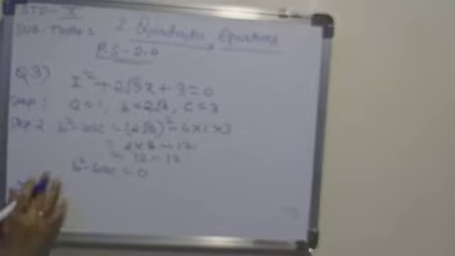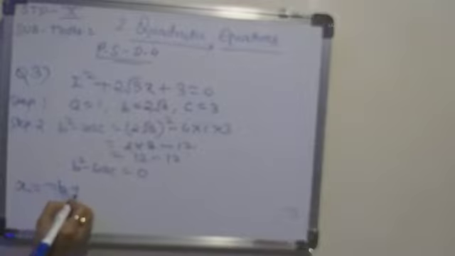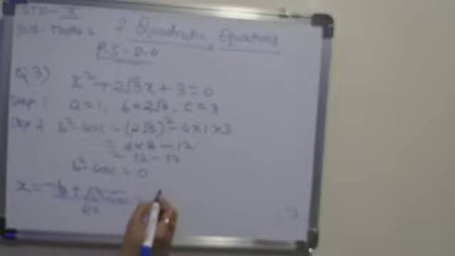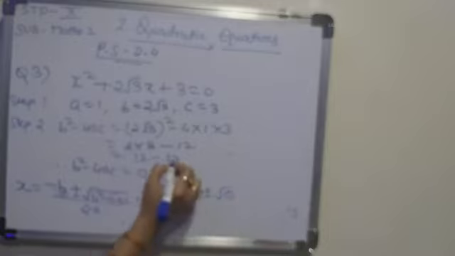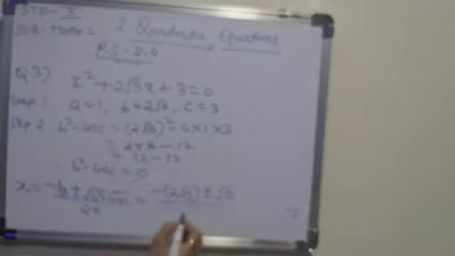Next step, we have to find the value of x, which is equal to minus b plus minus under root b square minus 4ac upon 2a. Substitute the values, you will get minus the value of b, 2 under root 3, plus minus under root 0, upon 2 into a, which is 1. Clear?